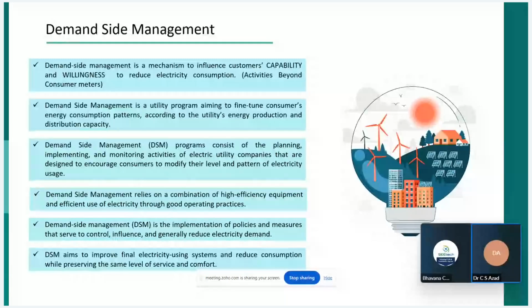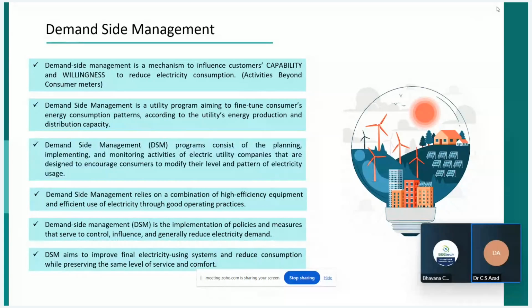First, demand side management is a mechanism to influence customers' capability and willingness to reduce electricity consumption. And these are activities beyond the consumer meters. That means you have to convince the customers. You have to do marketing of demand side management, and it's beyond the technological needs.